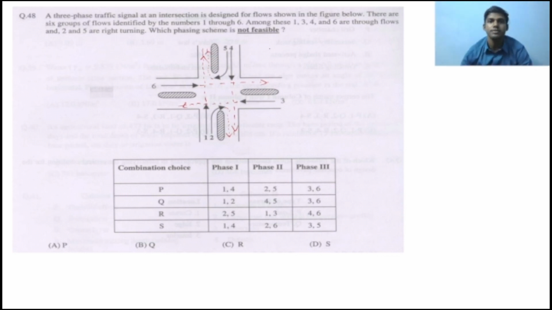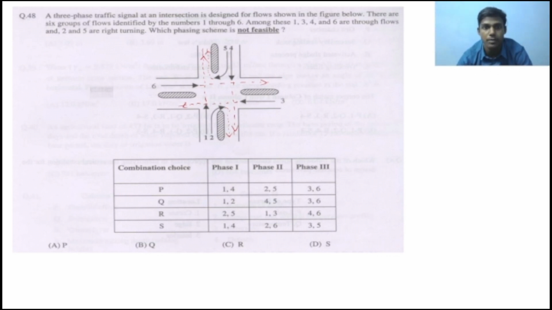Which phasing scheme is not feasible? There are four combinations given here, P, Q, R, and S, and for those four combinations, phase one, phase two, and phase three are given. So we have to find out which phasing scheme is not possible. Before moving on to that, look at this diagram.